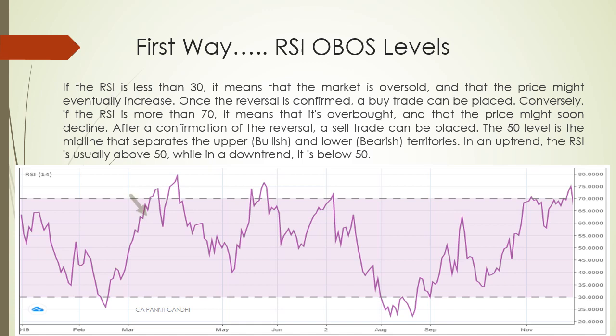So you can see these are the overbought zones, that means they are more than 70. There are 6 or 7 zones in the chart, and there are a few oversold zones also, which are less than 30. By default, the levels are already marked at 30 and 70.